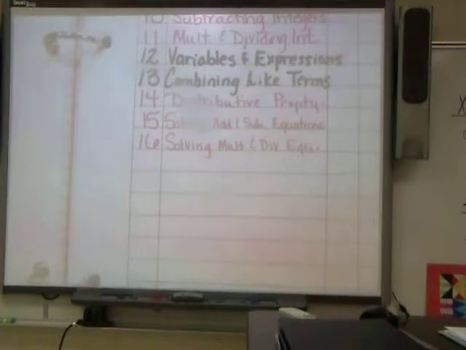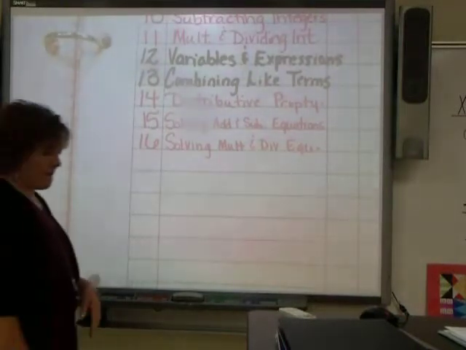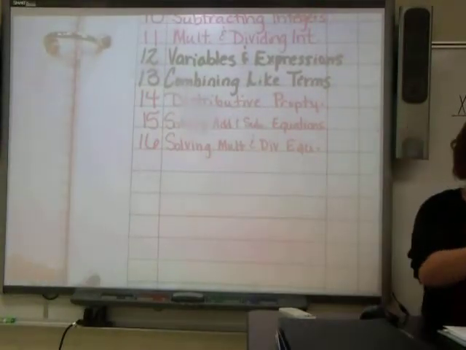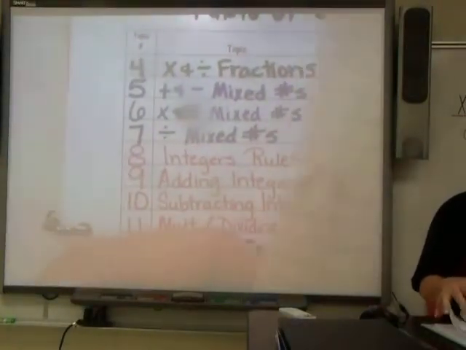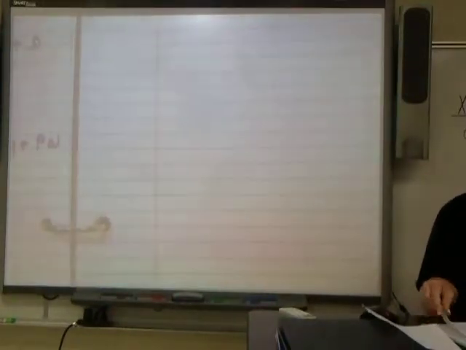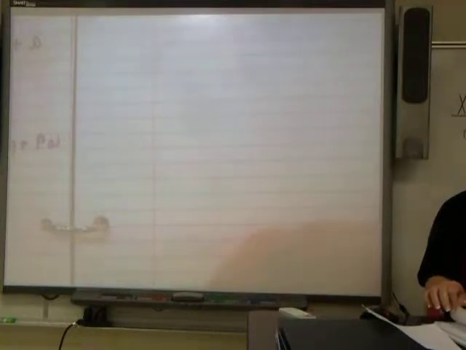Again, we're multiplying and dividing, solving multiplication and division equations today. Again, topic 16.